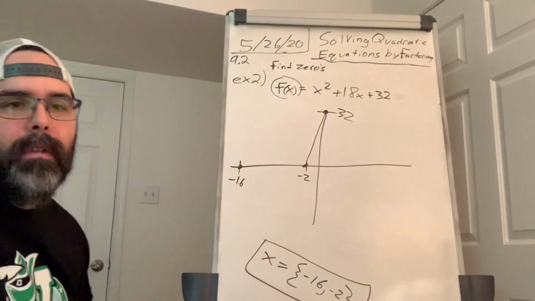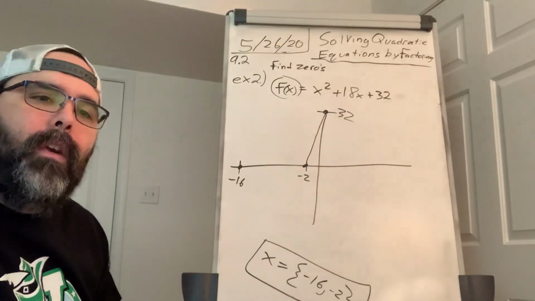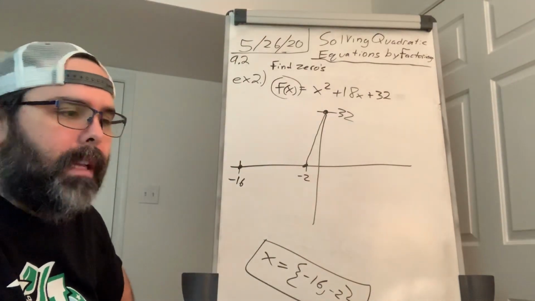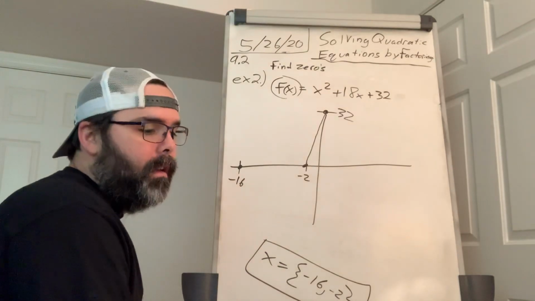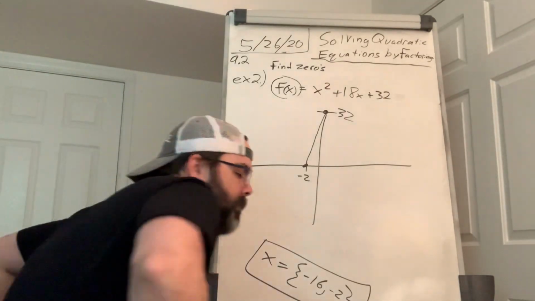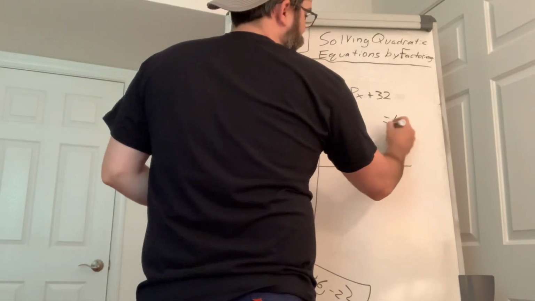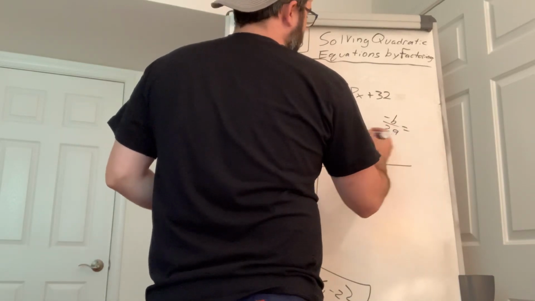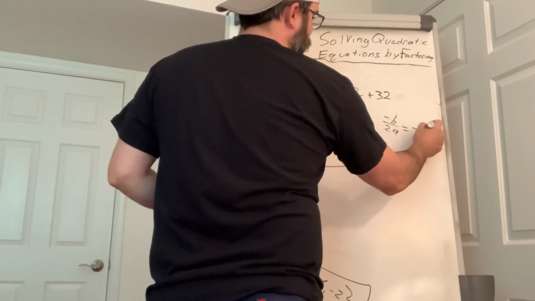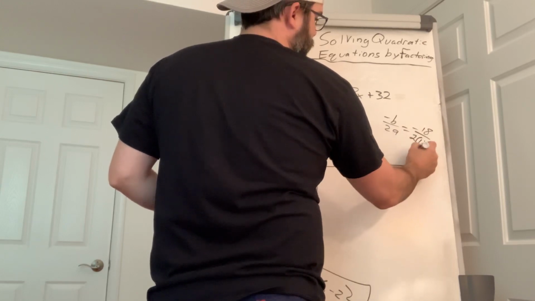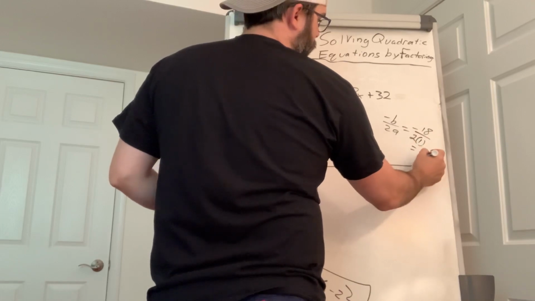That's the question. I need my vertex. Well, we know how to find the vertex. If you needed to graph this, you could just find the vertex using what we learned last couple of weeks, which is negative b over 2a. This is negative 18 over 2 times 1, which is negative 9.